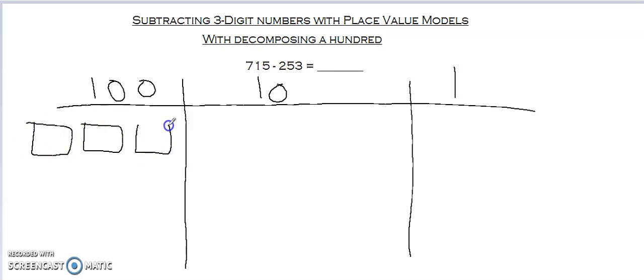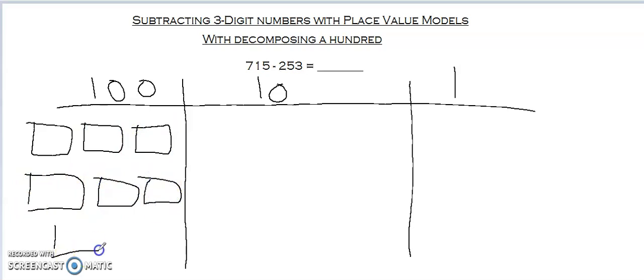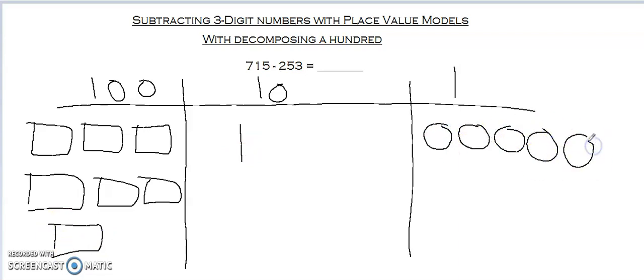So there is 7 in the hundreds place, 1 in the tens place, and 5 in the ones place. I'm going to subtract 253. So I'll take away my 200s.